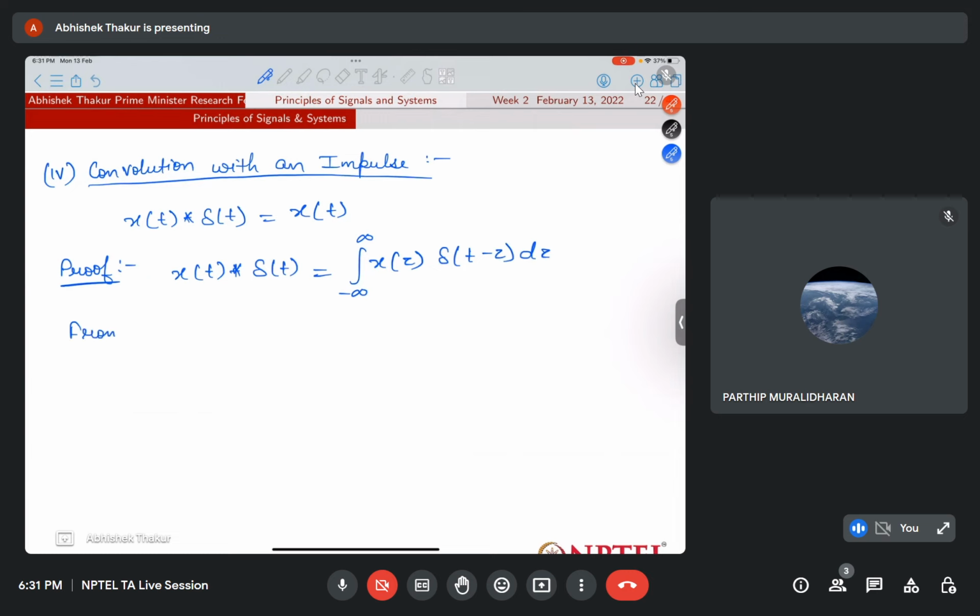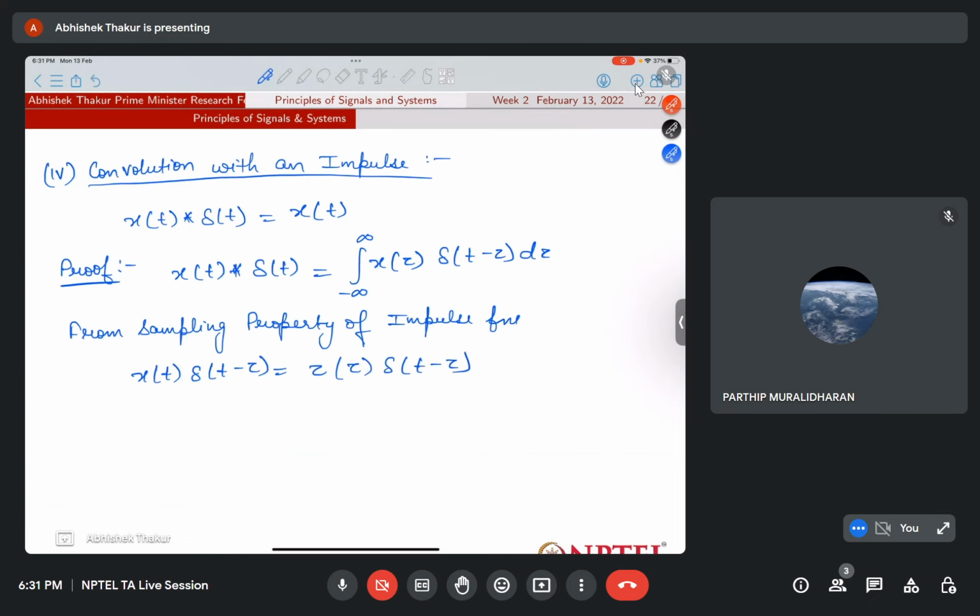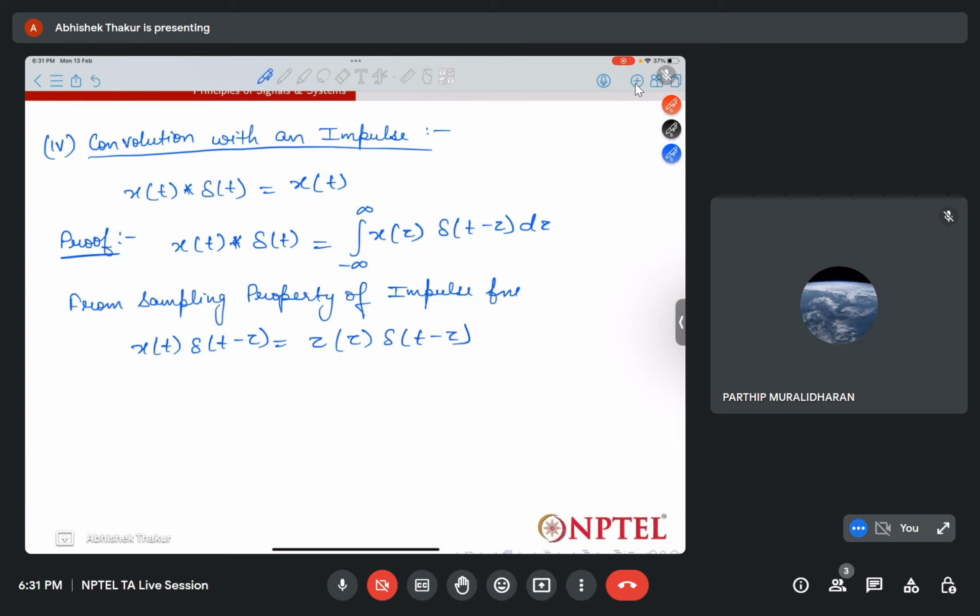From the sampling property of unit impulse, what we have studied in the last lecture, x(t) into delta(t minus tau) is given as x(tau) delta(t minus tau). This we know, that is the sampling property of the impulse function.